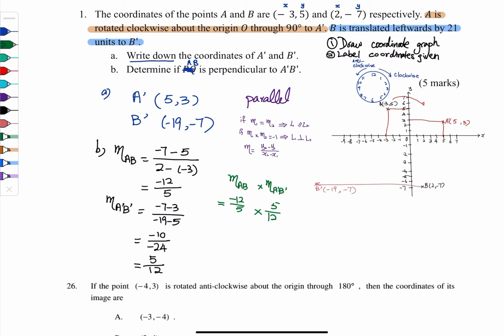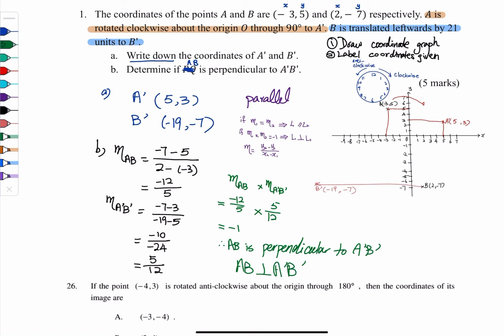What is left? Just negative 1. If your answer is negative 1, we will say the lines are perpendicular. So AB is perpendicular to the new AB. Easy? You can simply write like this. Up to you.